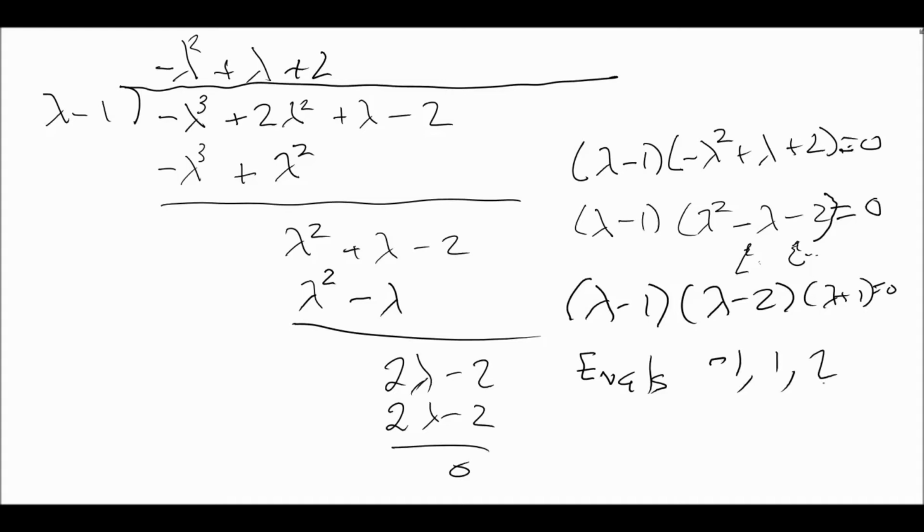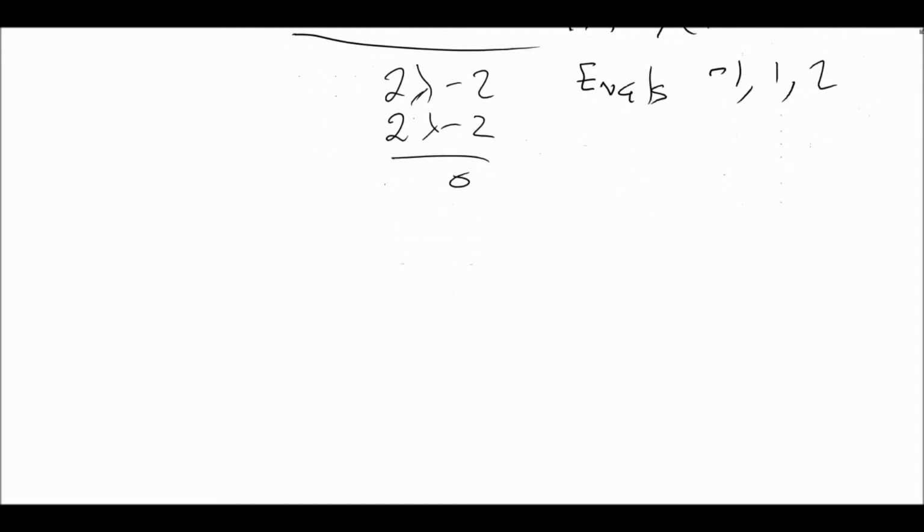Now we just need to find the eigenvectors associated with each of those. We'll start with 2. So for lambda equals 2, let's find the eigenvector associated with that. We set up the system of equations where we take 2 off each of the diagonal terms. The first entry in the matrix is 1 minus 2.